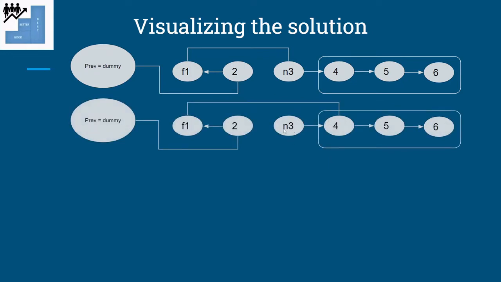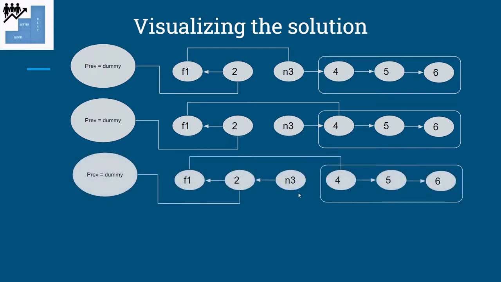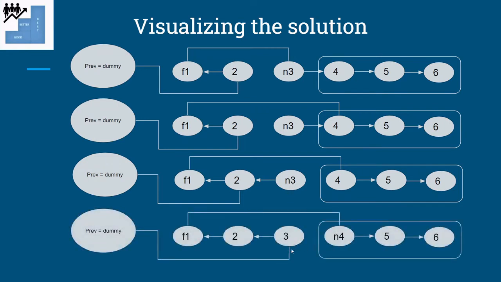Now we reverse the linkage as n.next is equal to prev.next. Then prev.next points to n and n becomes f.next, where we had taken the copy of this node in this particular step. As you can see, by following two loops of these 4 steps, we have brought about the reversal of the linkages between the first subgroup.